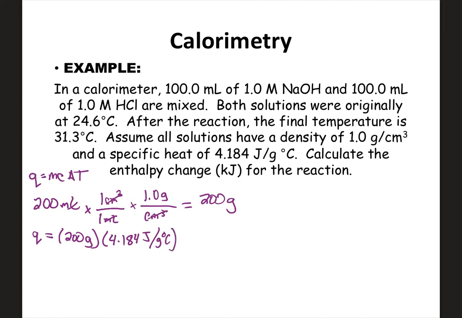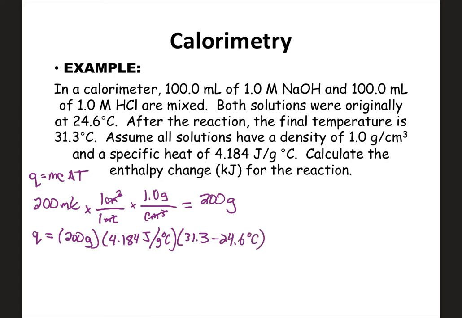If they don't tell you anything about this, obviously this would be the number you're using. We're assuming that the specific heat of this solution, because both of these are in water, would just be the specific heat of water. And then we have to do our delta T, final minus initial here. So the final was 31.3 minus the initial 24.6 degrees Celsius.